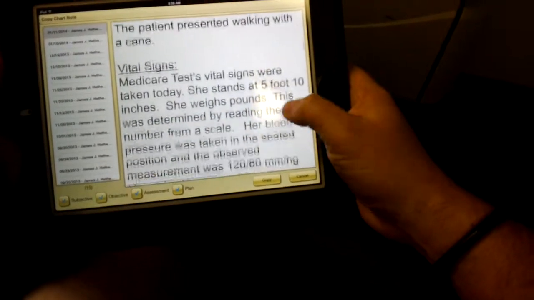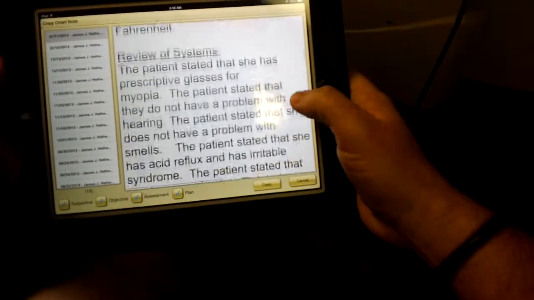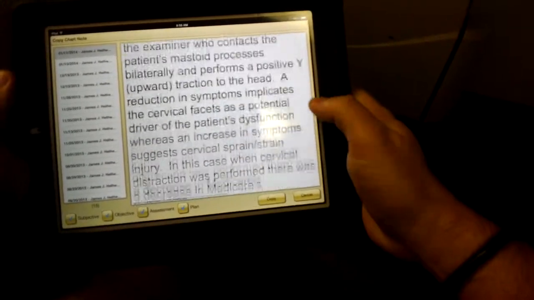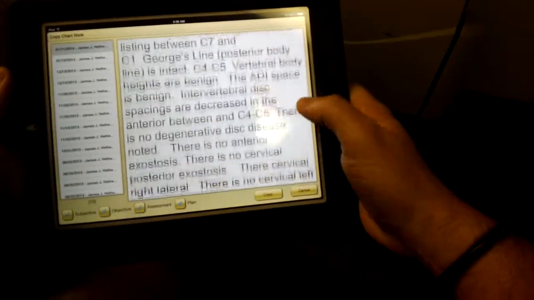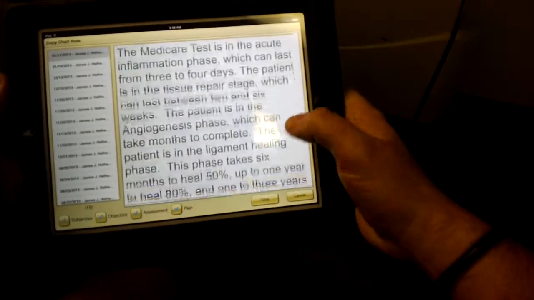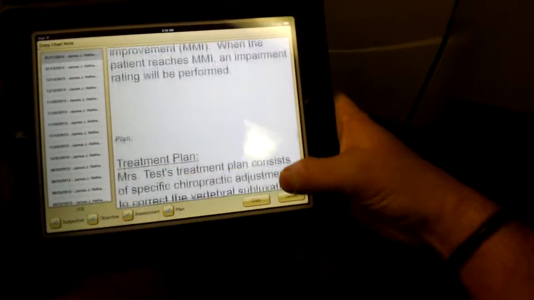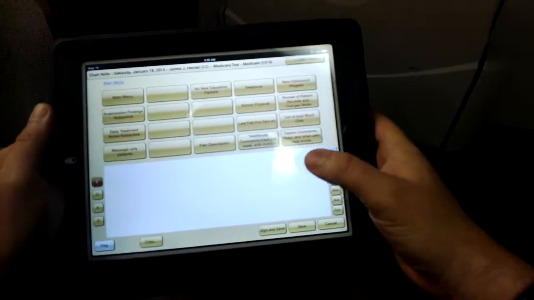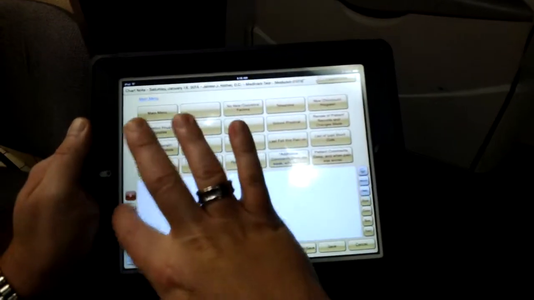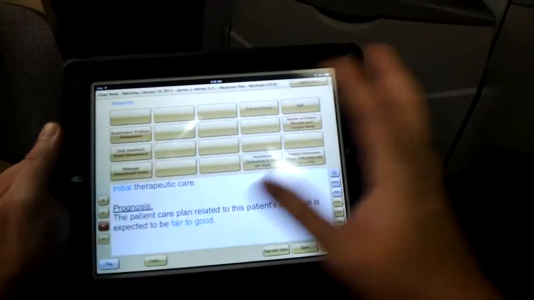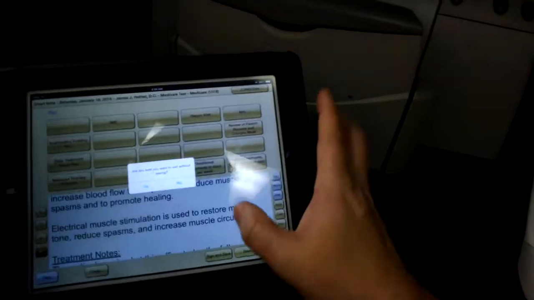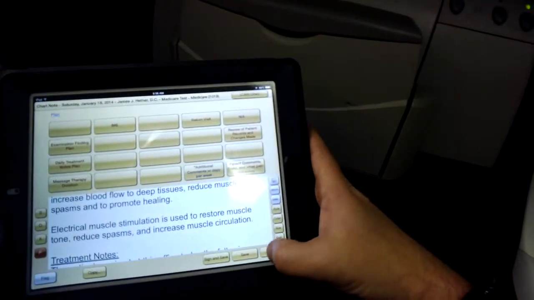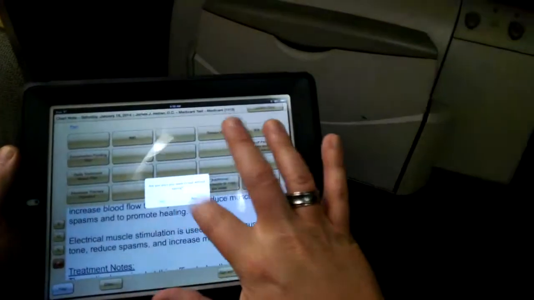Talked about gait, we have their vitals, review of systems, range of motion, and all these things were from previous visits that are very similar to what we did today, but it's kind of easier to read it in this mode. If we come out of here today, again, our subjective findings, objective findings, assessment, and analytical and plan would all be listed there. All right, we're not going to save this, and if we had, it would be ready for the next time. All right, that's it.